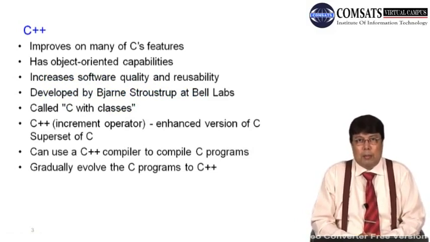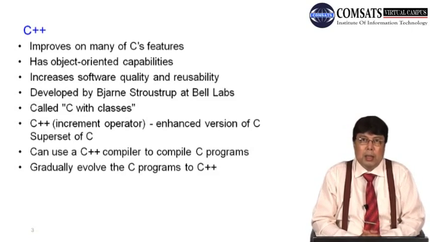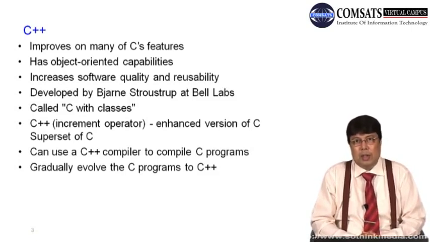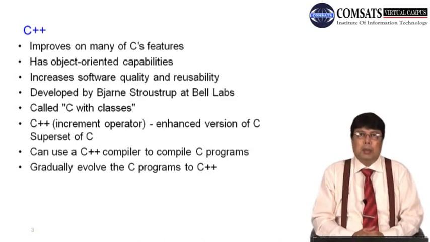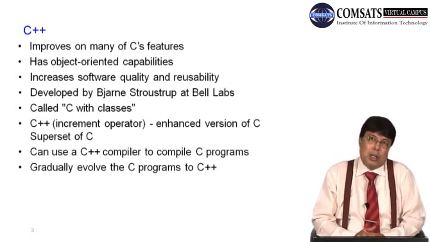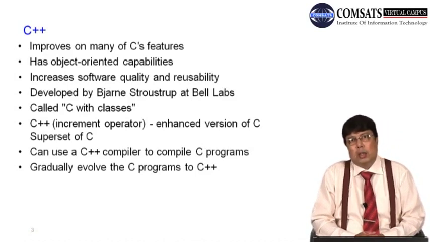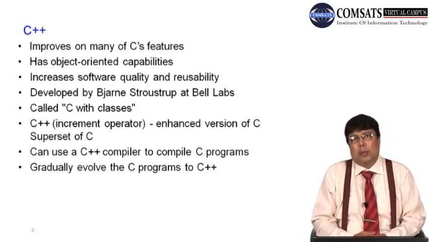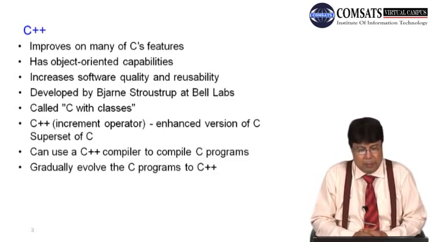Let's go through some basic features of C++. C++ basically improves on many of the C features. So what are those features? We will discuss. It has the capability of the object-oriented category of programming, or we can say the paradigm of object-oriented programming.